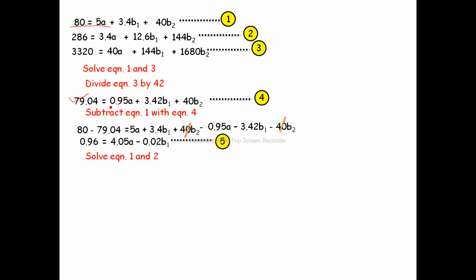Next we'll solve equation number 1 and equation number 2. First of all, we'll multiply equation number 1 by 18, and then we'll multiply equation number 2 by 5. So equation number 1 multiplied by 18: 80 multiplied by 18 is 1440 equals 5 into 18 is 90a, plus 3.4b1 multiplied by 18 is 61.2b1, plus 40 multiplied by 18 will be 720b2.